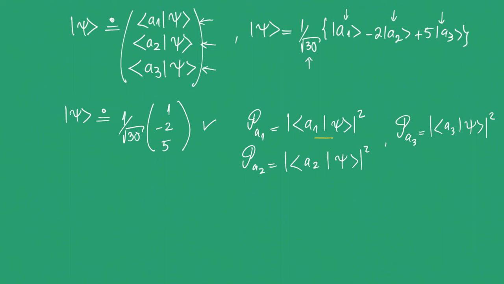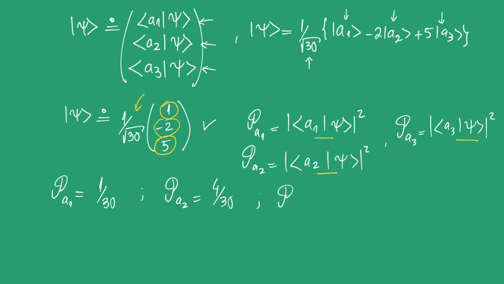The values of these inner products have already been calculated, as shown here, by the entries of this matrix, of course taking into account this term outside. Therefore, the probability of finding A1 is 1 over 30. The probability of finding A2 is 4 over 30, and the probability of finding A3 is 25 over 30.